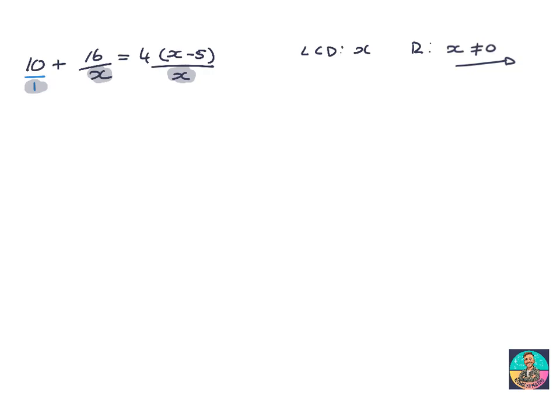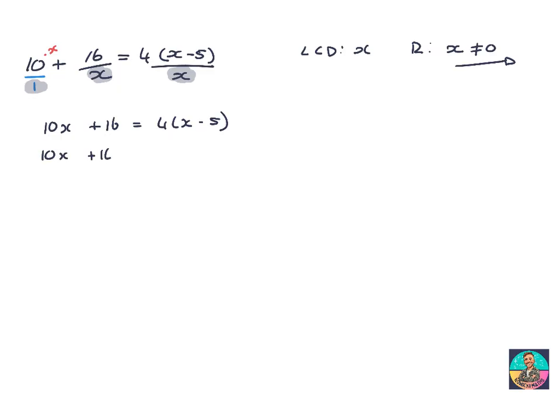So once we've done that, we can then apply our LCD, and the only one that needs the denominator is that. So we will end up with 10x plus 16 is equal to 4x minus 5. Now we're allowed to drop the denominator because this is an equation and they've all got the same denominator, and so we just work with the numerators.